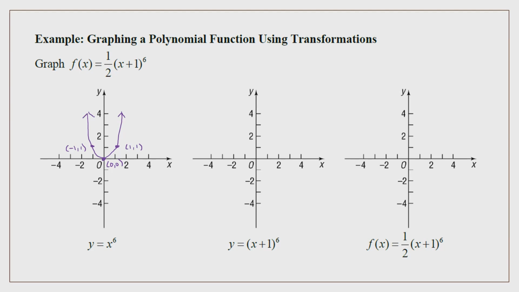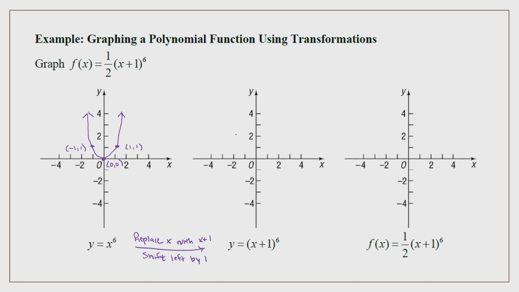Okay. So next we are going to add 1 to our x variable. So we are going to replace x with x plus 1. This means that we are going to shift left by 1.